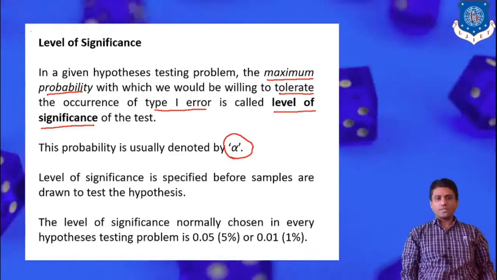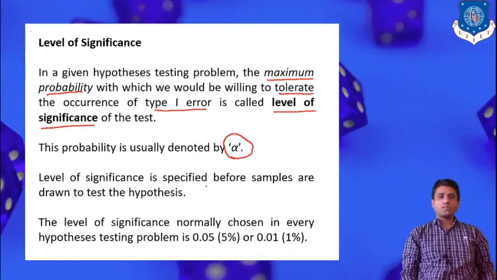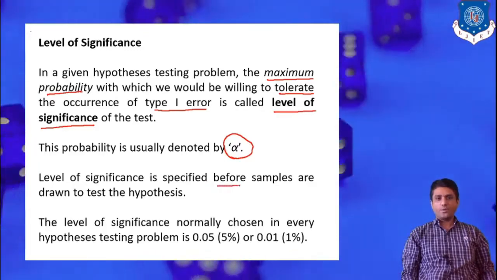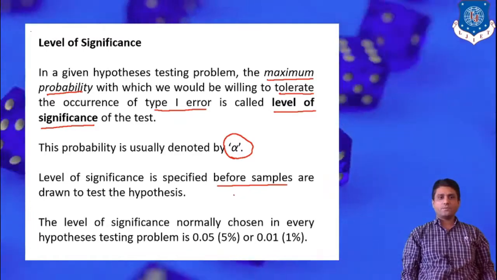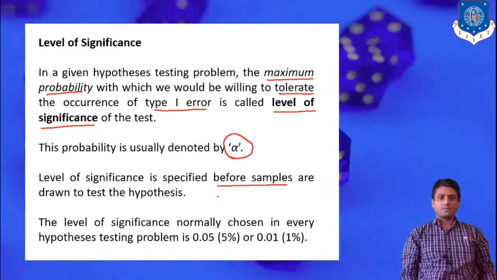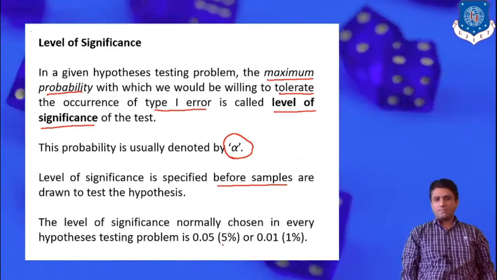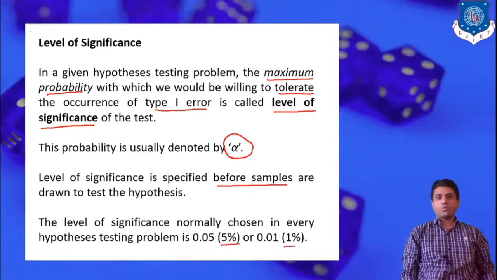The level of significance is defined at the beginning of the task, before the sample of any random experiment is considered. In practical life, the well-known levels of significance are 5% and 1%.